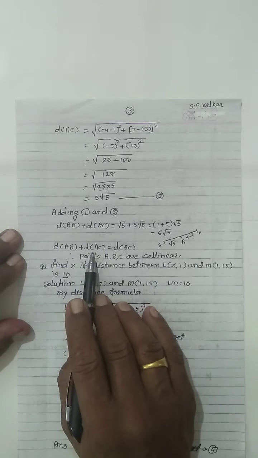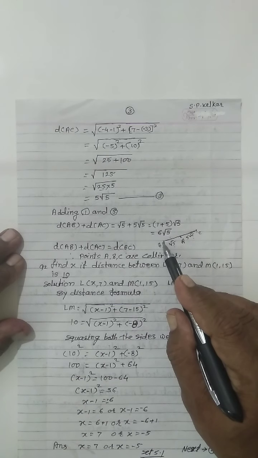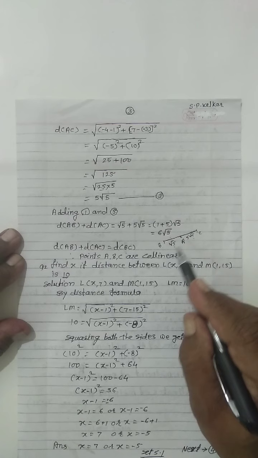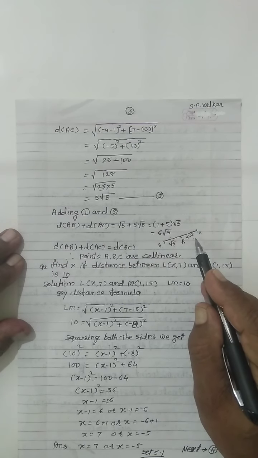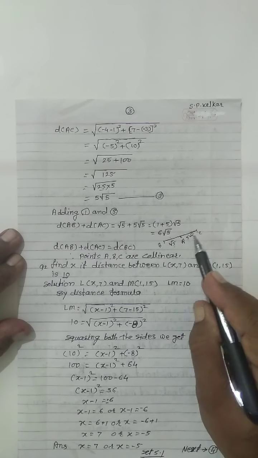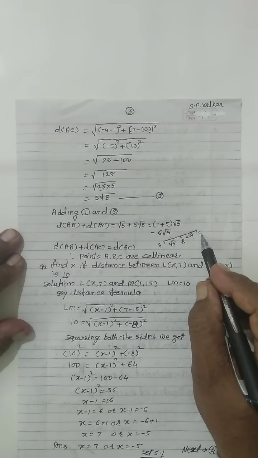Distance AB plus distance AC equal to distance BC. See, this is the segment BC. Now AB is under root 5, and B, A, C, these are the 3 points.